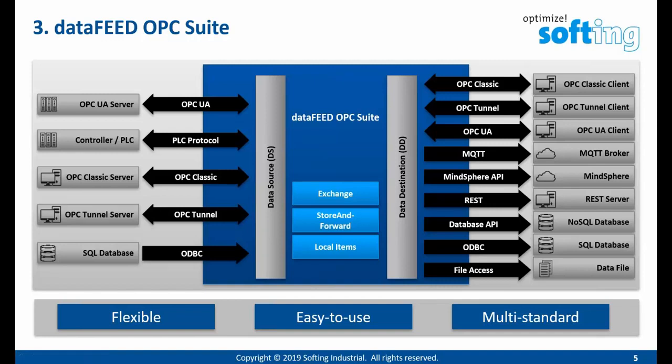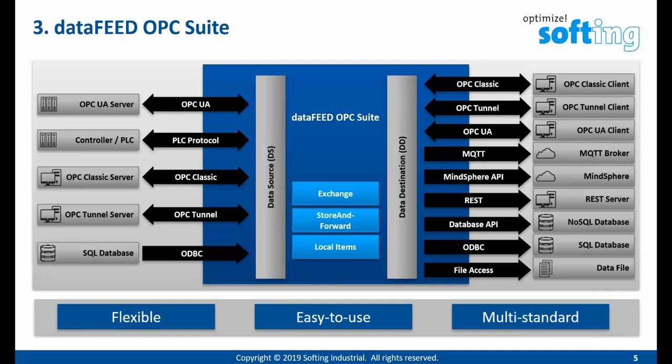So these are the data sources where we can collect data from. For instance, we can collect data from an OPC UA server. We can collect data from PLCs from different vendors, Siemens, Rockwell, Phoenix Contact, everything is possible here. We can also read data from a SQL database or grab data from an OPC Classic server.